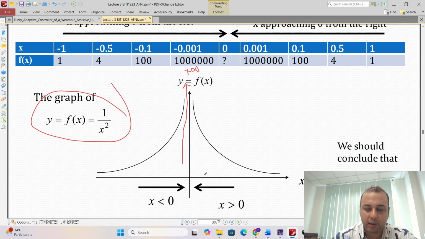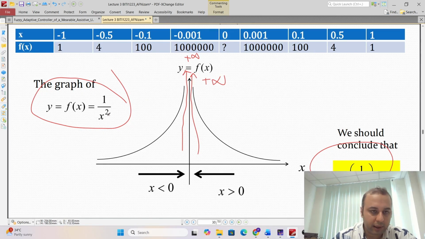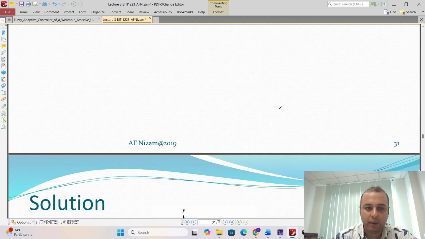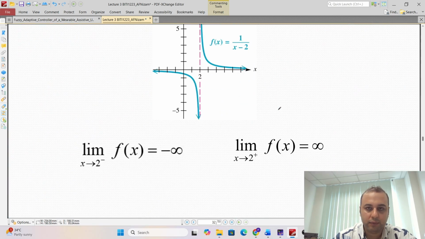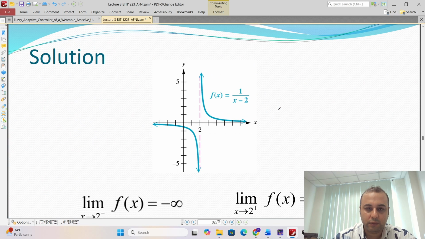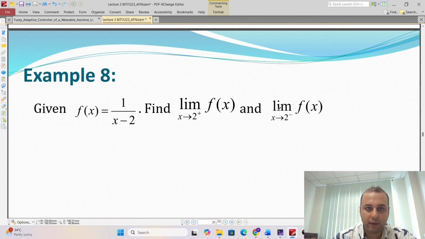From the right side also it is going to plus infinity. So what's the answer? Plus infinity. Why? Because the power of x is 2.